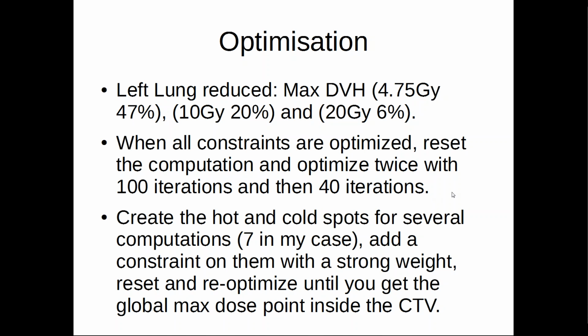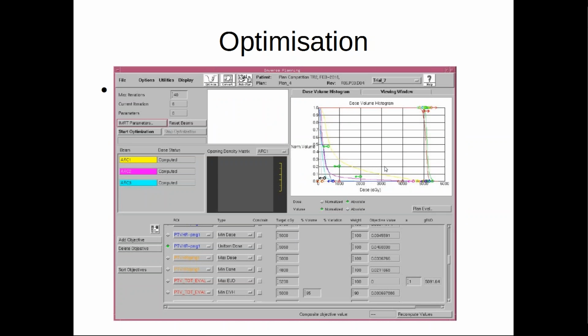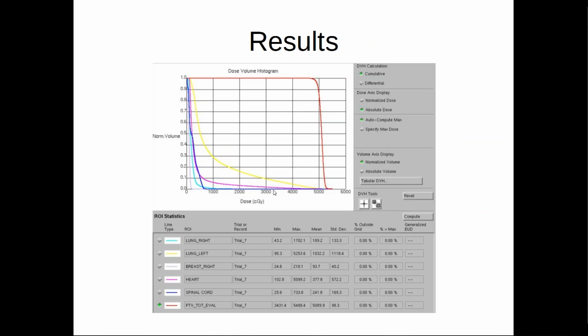So I was patient and created a lot of hotspots and cold spots until the dosimetry was really achieved as I wanted. So finally we get a plan looking like this, with a good dose.